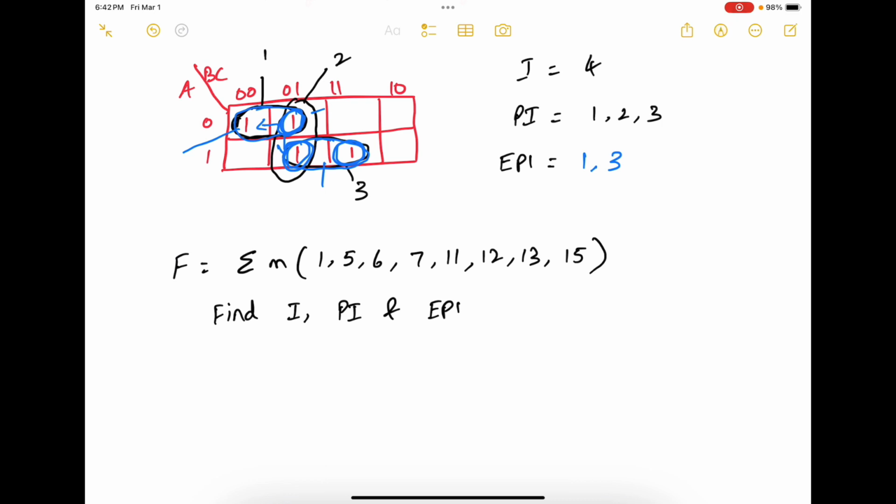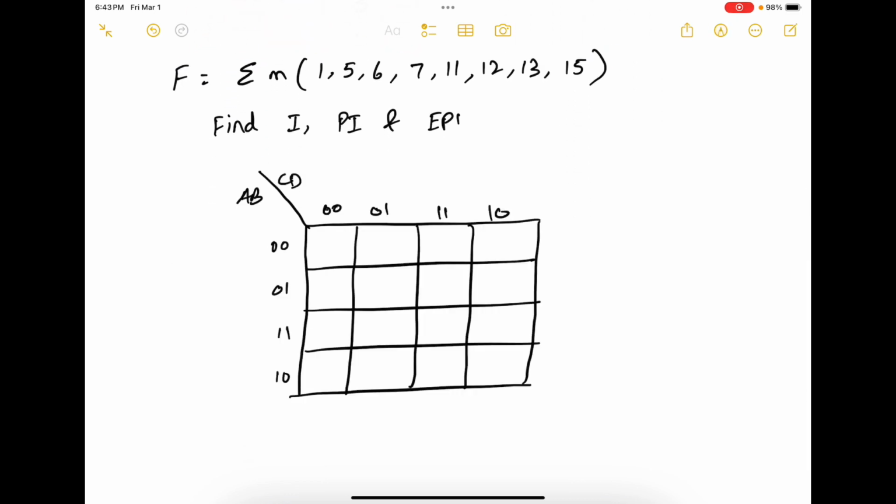The first step is to draw the K-map and plug in the min terms. Now the number of implicants is just how many ones you have in the K-map. So that's 1, 2, 3, 4, 5, 6, 7, 8. So the total number of implicants is 8.